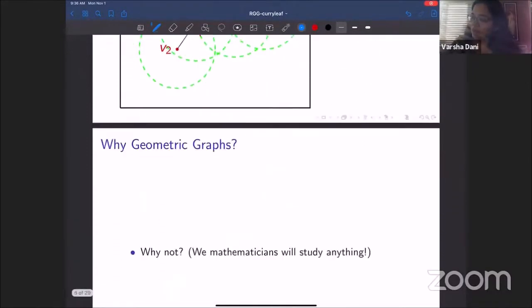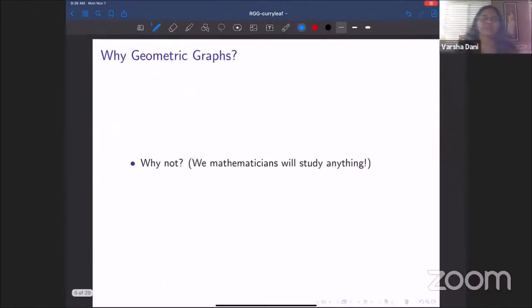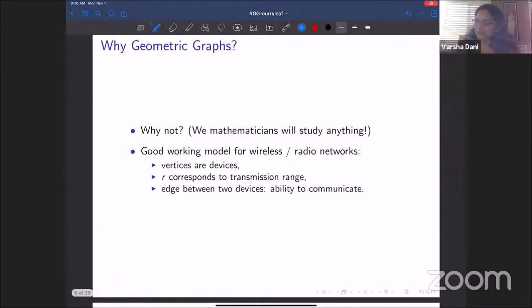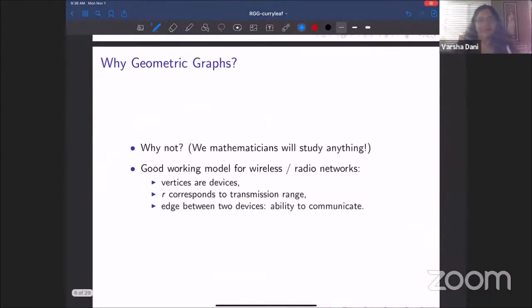So why geometric graphs? The first answer is, well, why not? We mathematicians will study just about anything, right? But another answer, for which I'm going to put my practical hat on, is that this is a good working model for things like wireless networks or radio transmitter networks, where the vertices of the graph correspond to some transceiver devices, and R corresponds to a transmission range.